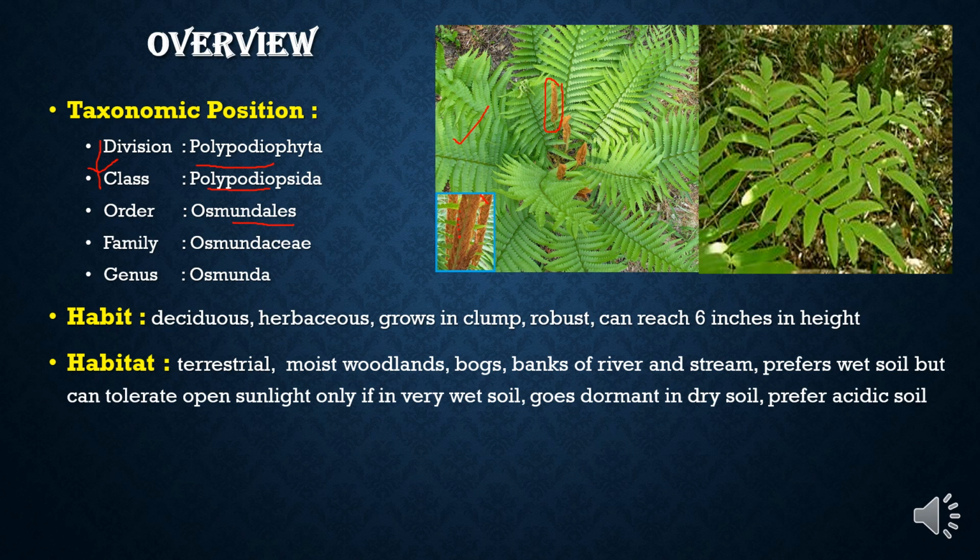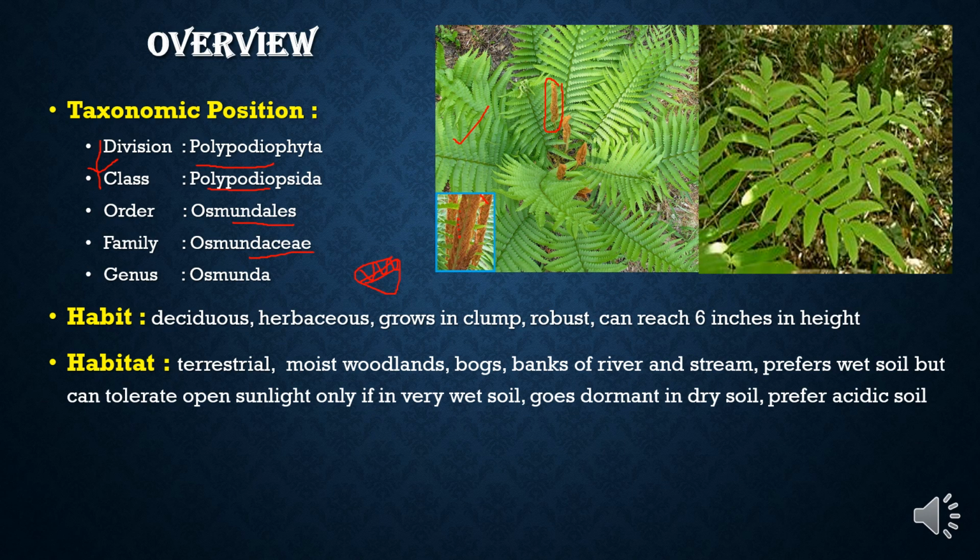Now the Osmundaceae family. Osmundaceae have very large sporangia and the spores are trilete. The sporangia dehisce at the top, where the uni- or biseriate annulus with thickened wall is present.